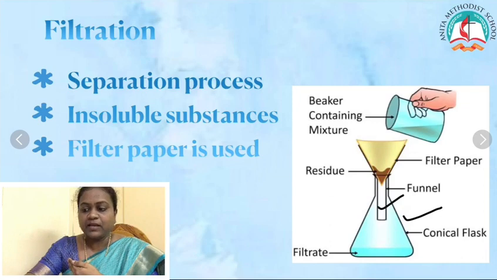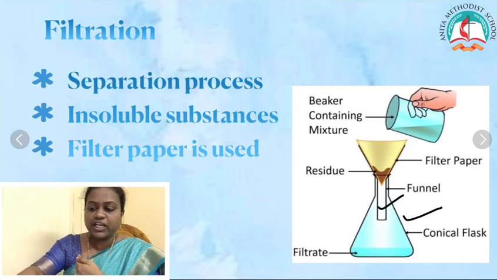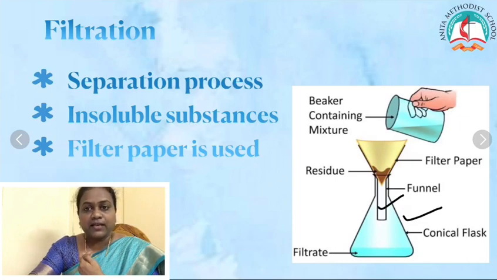Okay, can you see the image over here, children? For the filtration process, see the things which are required. Materials: you need a conical flask, you need a funnel, you need a filter paper, then you need the solution to get a clear liquid.